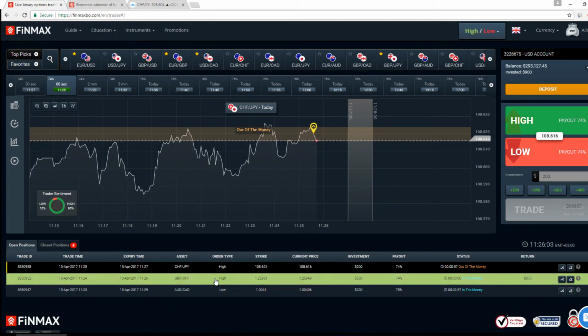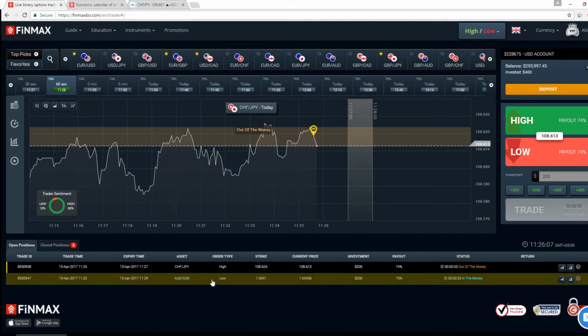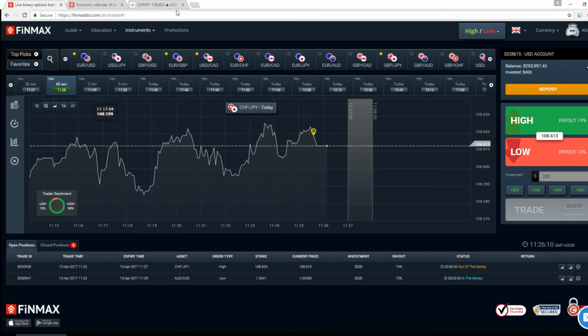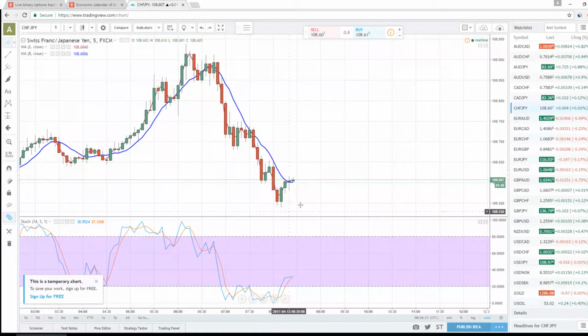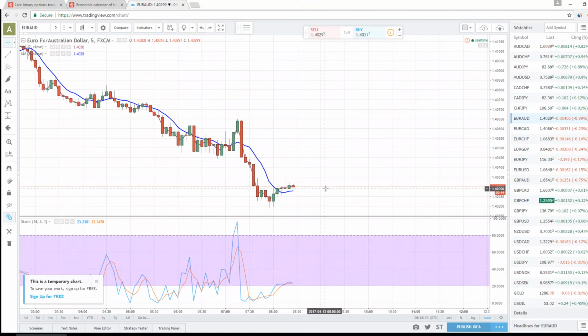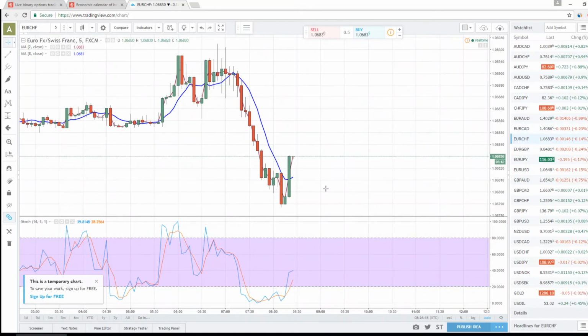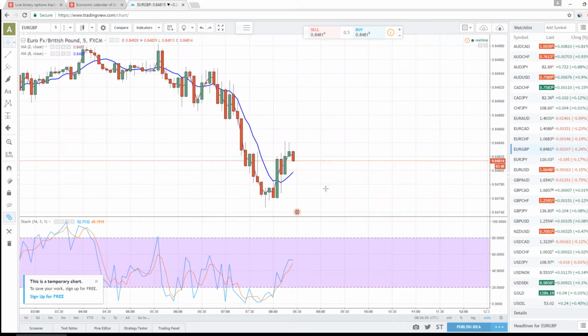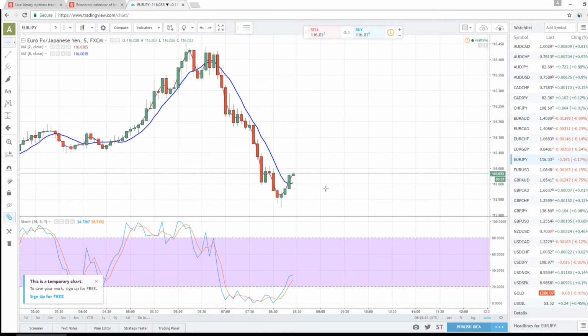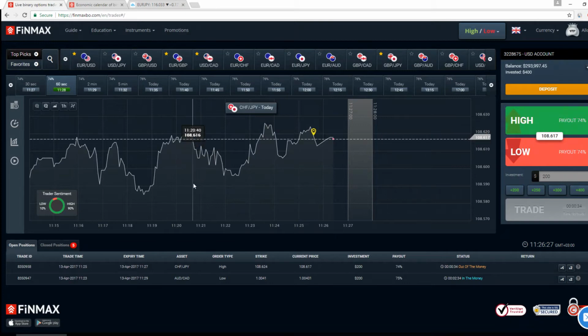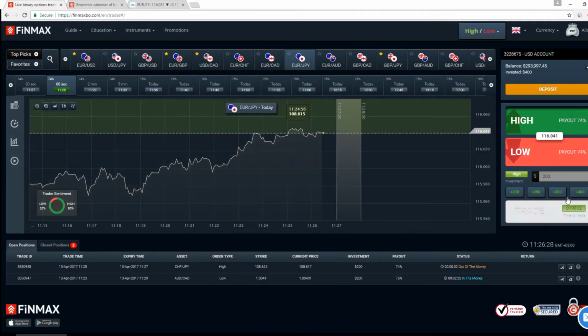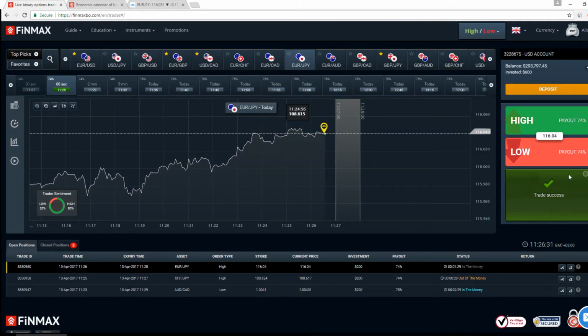Okay, British pound closed in the money, and currently we have 2 open trades. Let's also enter for Euro JPY for high. Okay, 1.